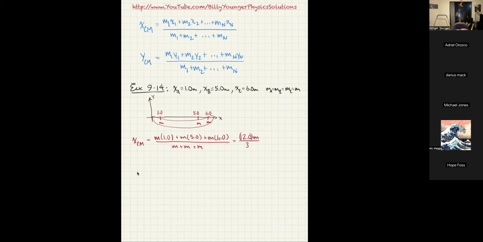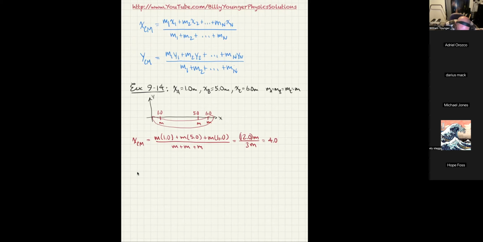And then all of that is divided by 3 times m, which gives us 4.0. And notice I didn't write the meters in there, so I shouldn't really write the meter here, but we know that's the unit that's going to come out. But that is how you calculate the center of mass for this object.